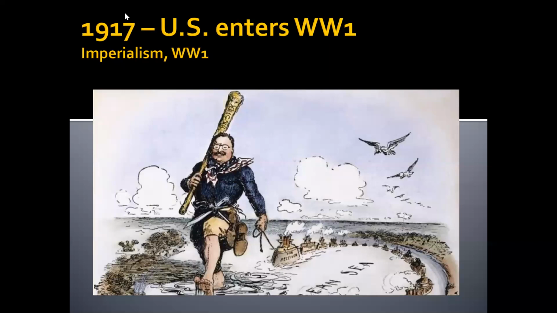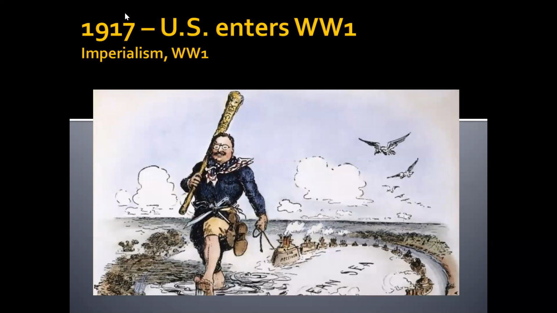One of the most famous moments of American imperialism is the Spanish-American War, where the United States fights a war with Spain and ends up getting their territories in Cuba, Puerto Rico, and the Philippines. It is in the Spanish-American War where we really see the United States shift from isolationism to involving themselves in world affairs.